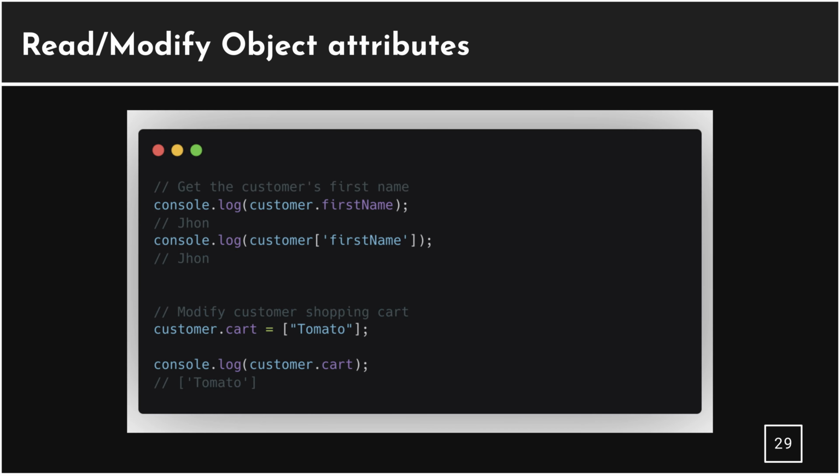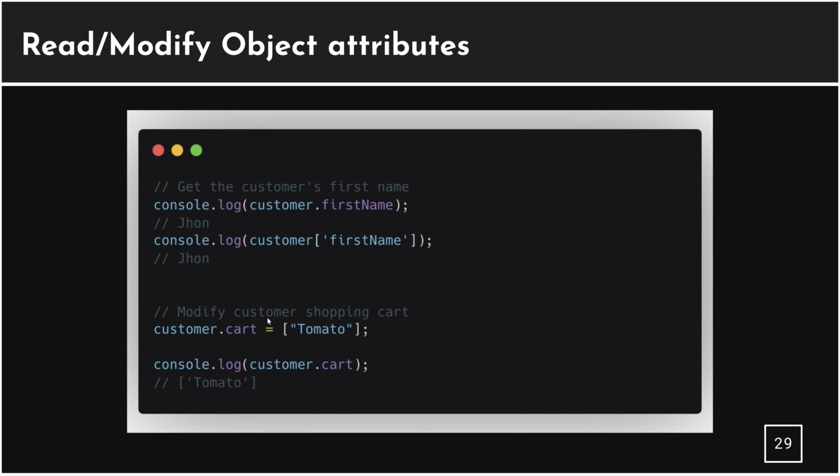To read and modify object attributes, this is the syntax that we use. It's pretty straightforward. We have customer.firstName, so the name of the object and then the name of the attribute. There's also this other way of accessing an attribute, but you will find that we use this one the most.